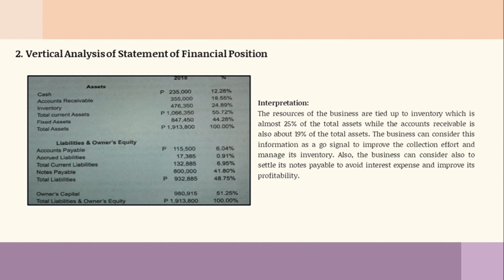So to analyze or to interpret it, for example, the cash, in which in all the entity's assets, cash is 12.28%. If tagalugin ko, sa lahat ng pagmamay-ari ng entity, 12.28% is nasa cash.